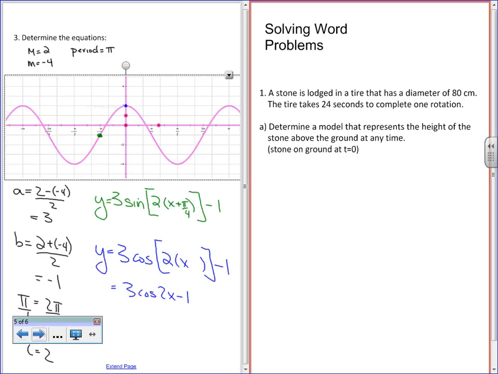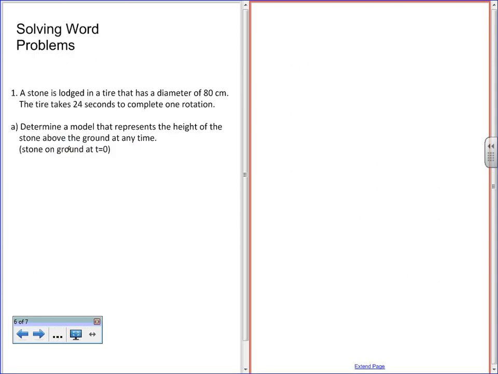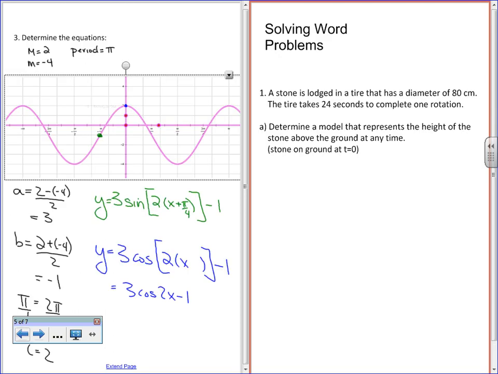The last thing we're going to do is solving word problems. You'll be responsible for solving word problems very similar to this. I feel the easiest way to solve a word problem is to draw the graph of it. Once you've drawn the graph of what's going on in the word problem, you end up solving a question like this.